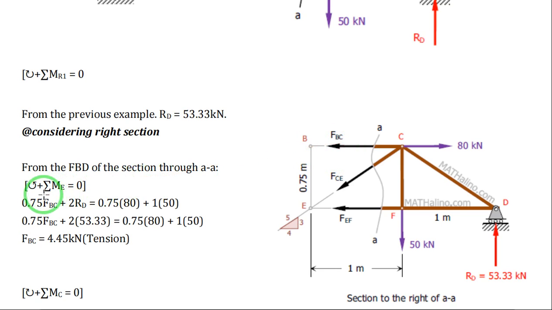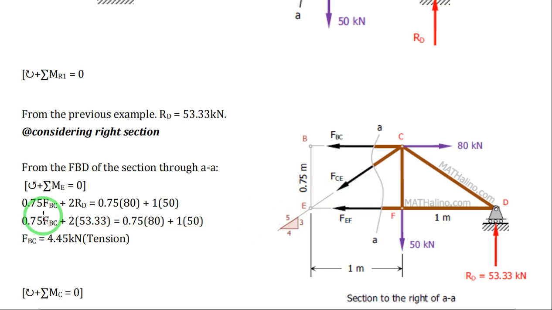Taking summation of moment at point E equals 0, assuming counterclockwise moment positive, as shown by this symbol, so all counterclockwise moments are positive and all clockwise moments will be negative.